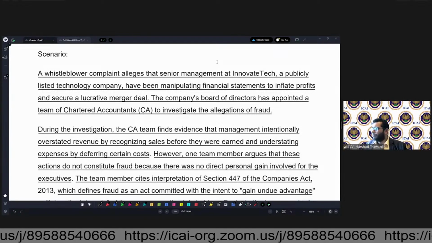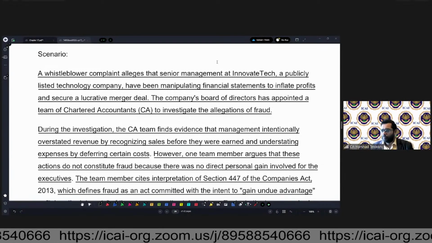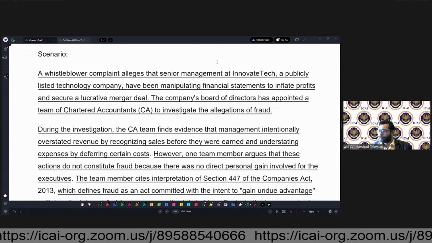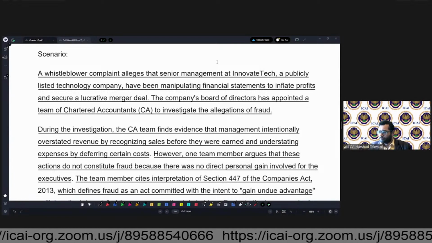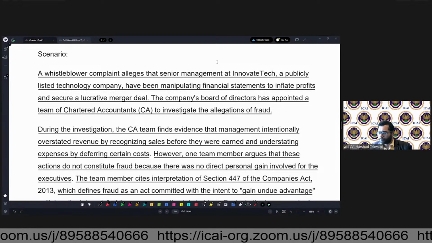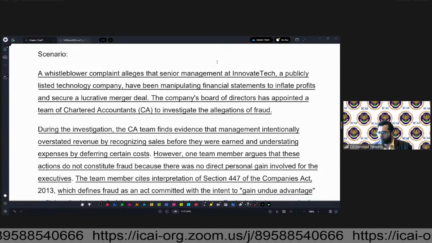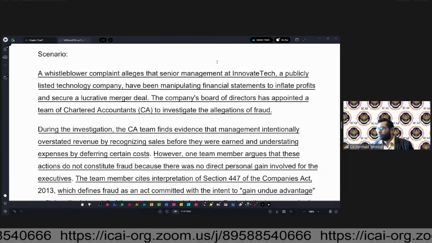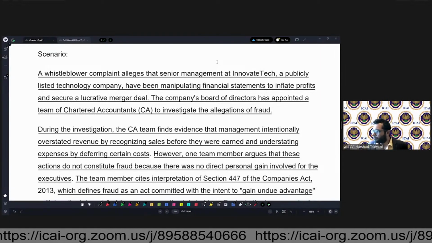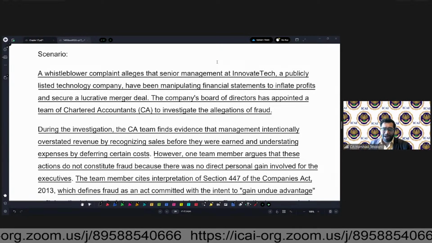What does Section 447 say? Very important part. Trust me.